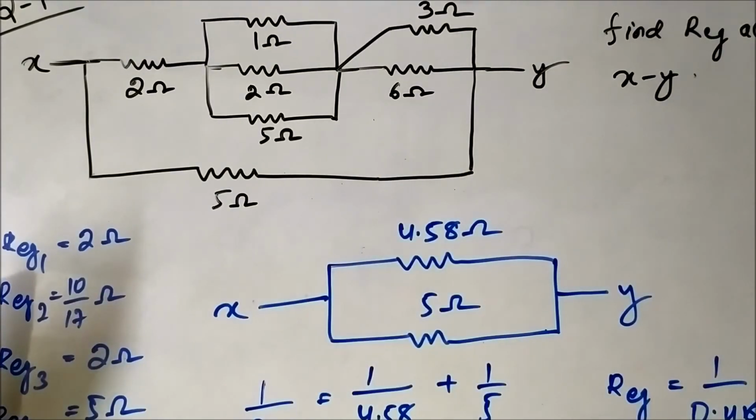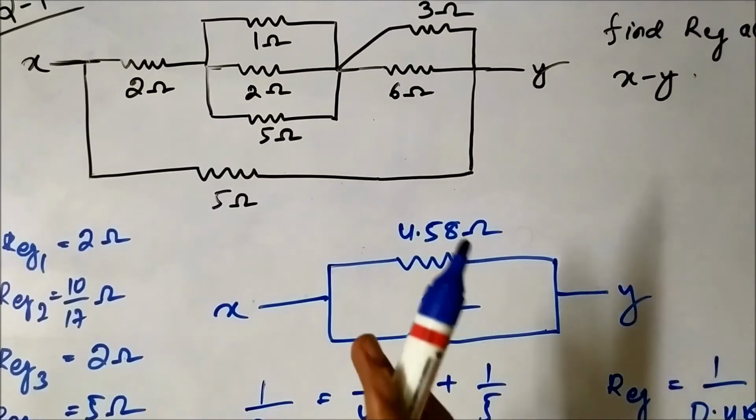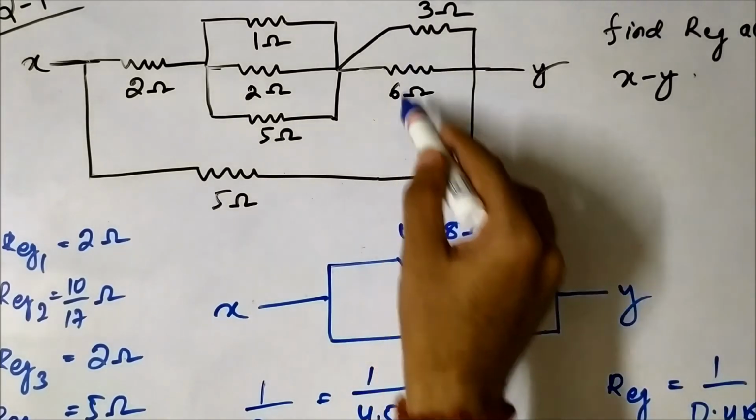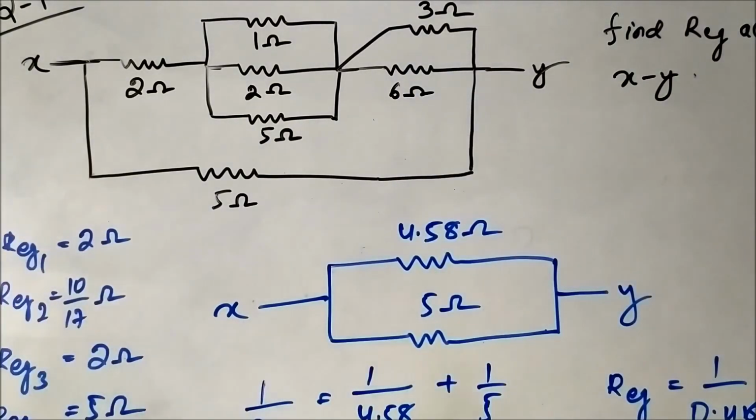Okay, so the approach here is that you divide the entire circuit into different parts instead of attacking the entire circuit as a whole. That way you will get confused. So always divide the circuit into different parts, analyze each part separately and then combine them together. That should be your approach.